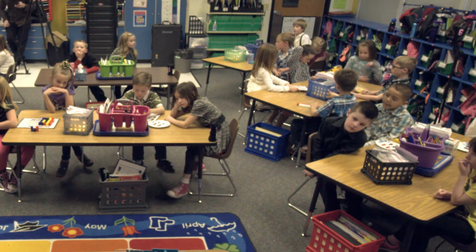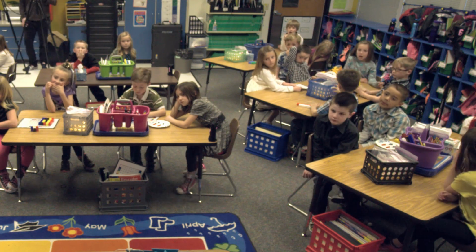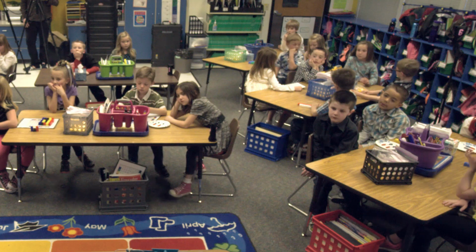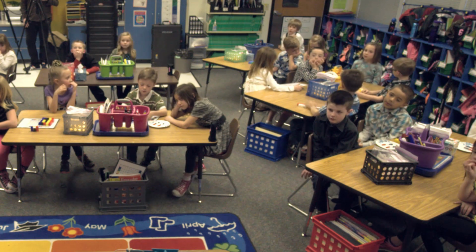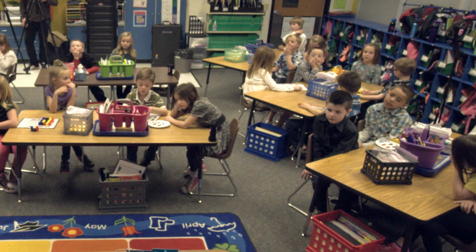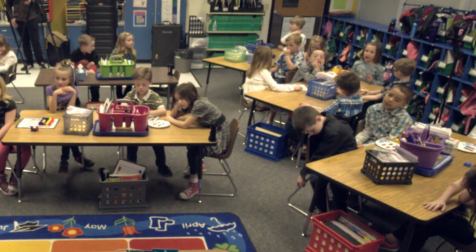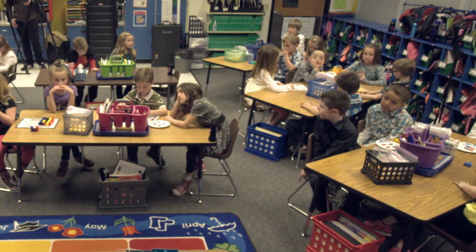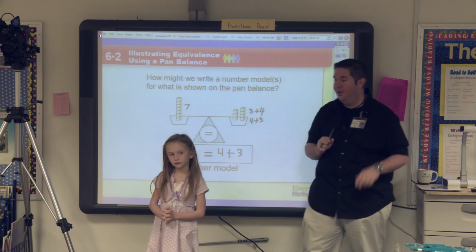The equal means that both of the numbers are equal. Okay, what does that mean, they're both equal, Riley? That's because it's on the same side. They're just on the same side? Okay, what does that mean? It's the same number. Good, it's the same number on both sides.